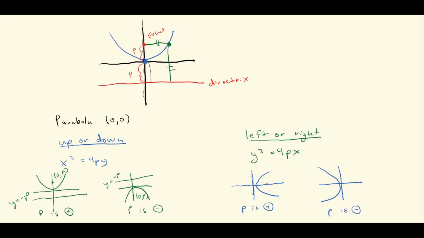And then once again, the focus here is going to be (p, 0), because it's on the x-axis. And then here it's also going to be (p, 0) being the focus. And then this time the directrix, instead of being y is equal to negative p, it's going to be x is equal to negative p.